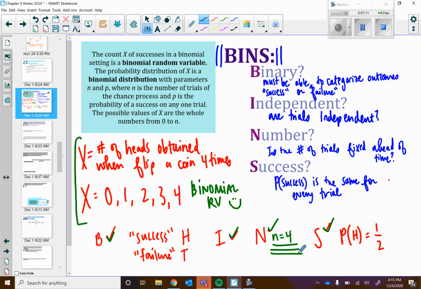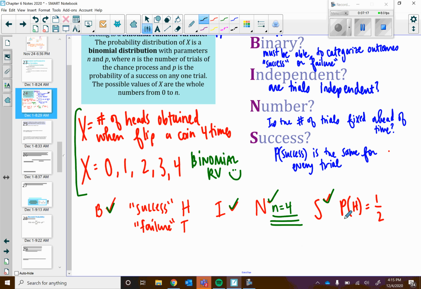So in this case, we flipped a coin 4 times. And p is the probability of success on any one trial. So even though we have the probability of heads here, in the future, we're just going to write p is equal to 1/2, where p, again, is the probability of a success on any one trial. The possible values of this random variable will always start at 0, no successes, and go to the total number of trials. In this case, 4.